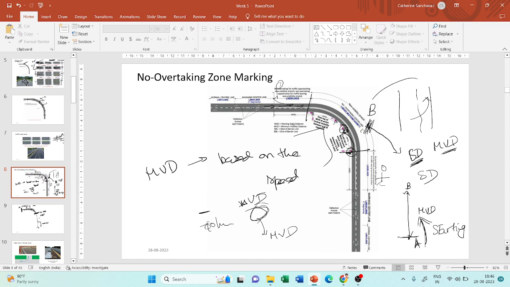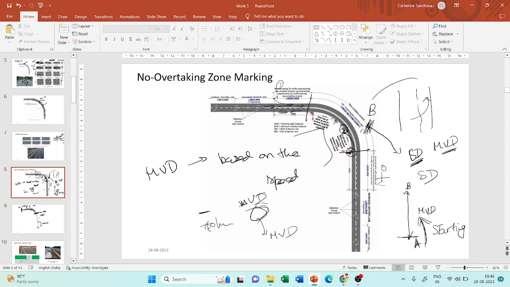Whereas the traffic moving in this direction, they have already crossed the overtaking zone, so there's no overtaking zone ahead of them. The overtaking zone is over for them. So now they can make the overtaking action, but with caution. But the traffic moving in the other direction, they are approaching the overtaking zone, so they should not make the overtaking action. That is why they have solid lines on that side.